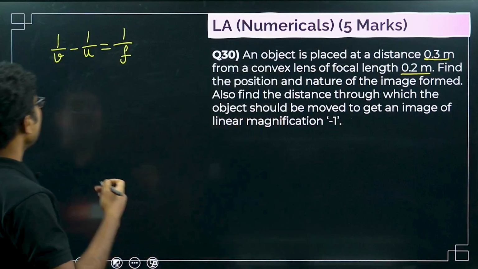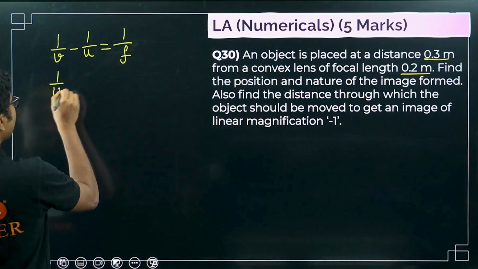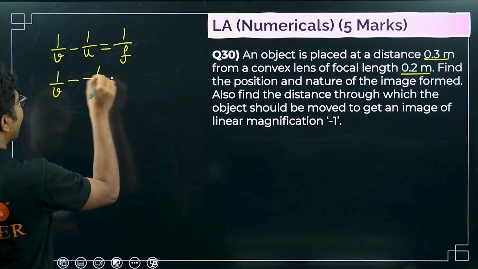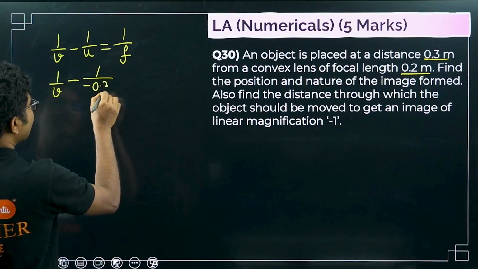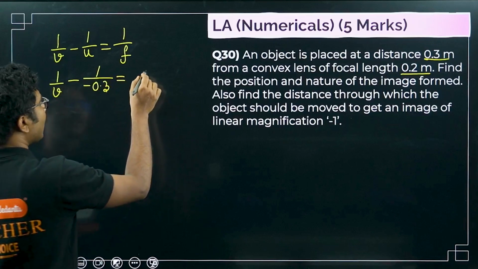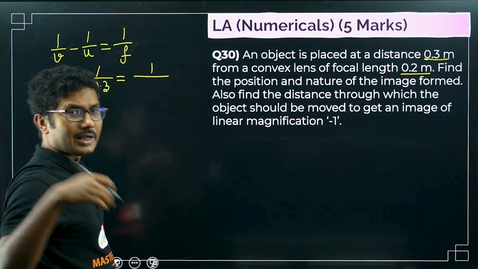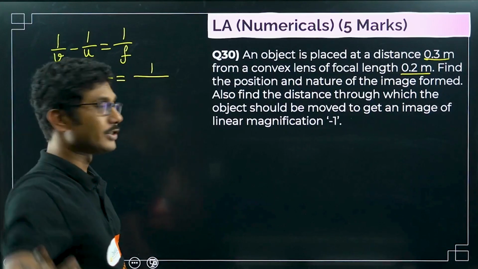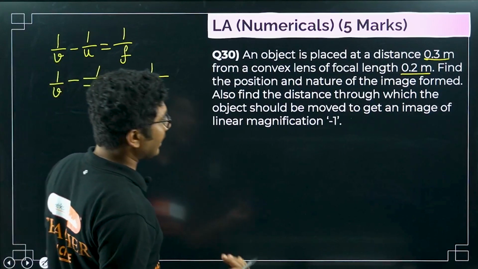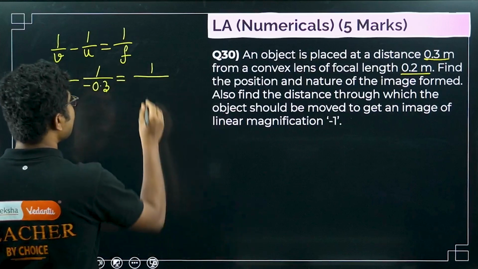We know that in case of a lens, object distance is always negative, so it will be minus 0.3. For a convex lens, focal length is positive; for a concave lens, it is negative. So focal length is 0.2.